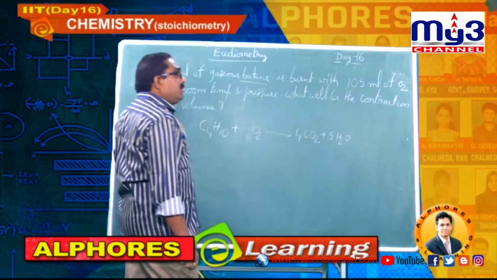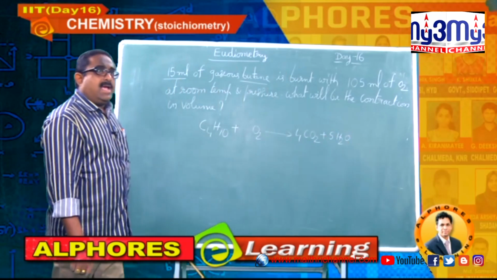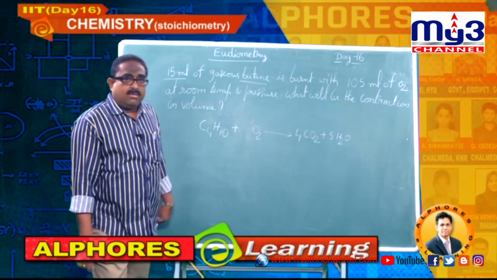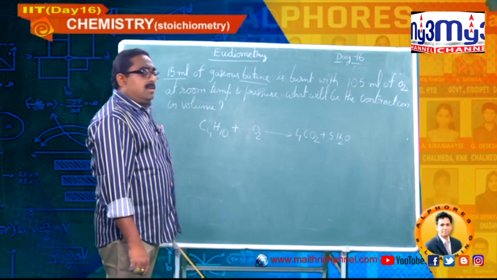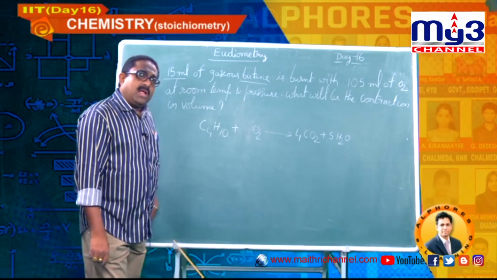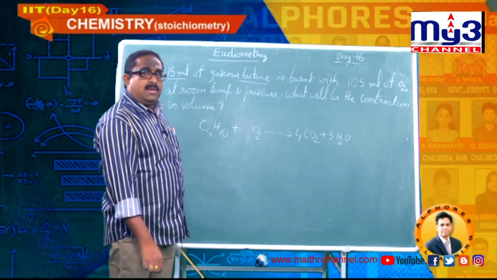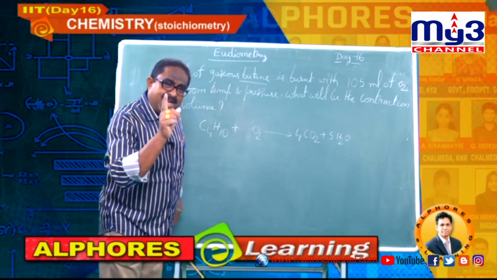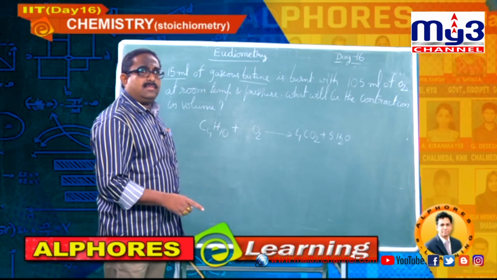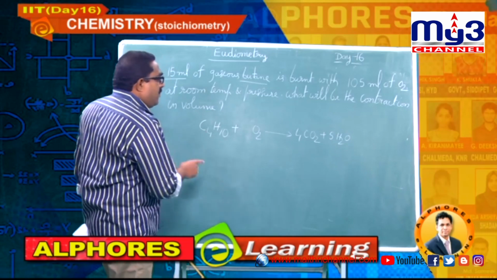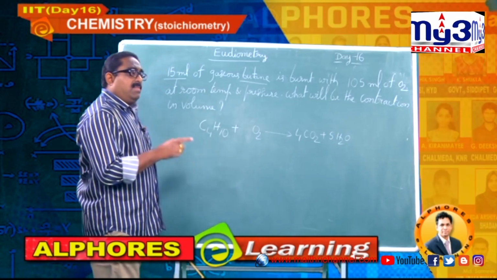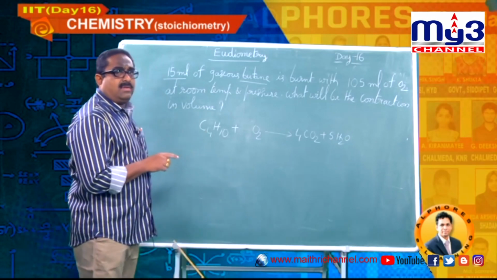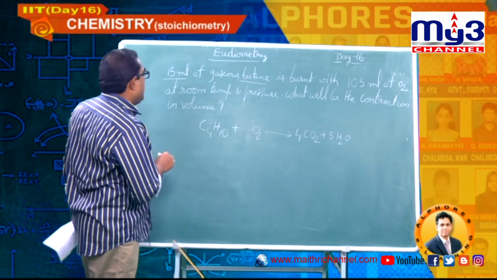I have already told you, in the entire eudiometry concept or in the volume calculations, please consider H2O as always liquid unless the temperature is mentioned as 100 degrees centigrade. If he mentions 100 degrees centigrade, you can take that also as gas. Don't forget about that, very important.